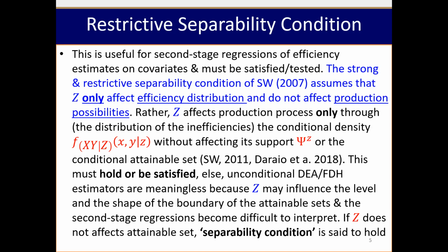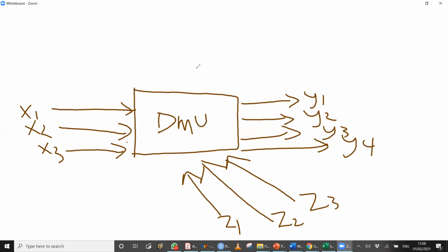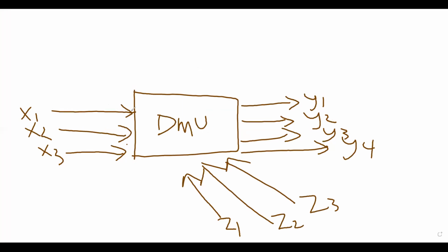This was initiated by Simar and Wilson. And what it says is that the strong separability condition says that Z only affects the distribution and does not affect the production. Now, this is important. When you go to the chart that I just showed you, and this is quite technical, so you want to pay attention, the X's and the Y's are affecting the production possibilities.